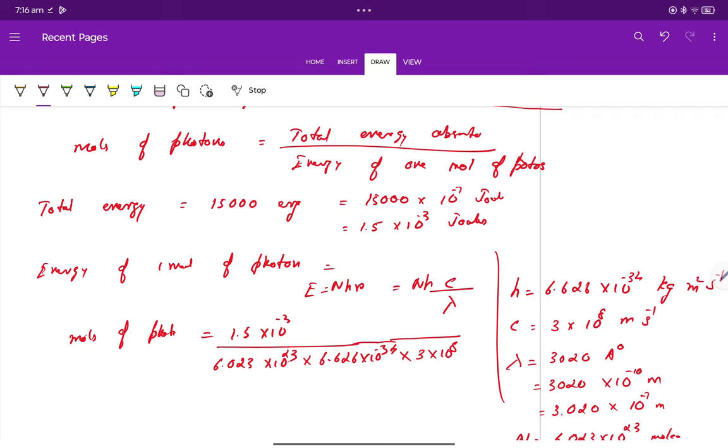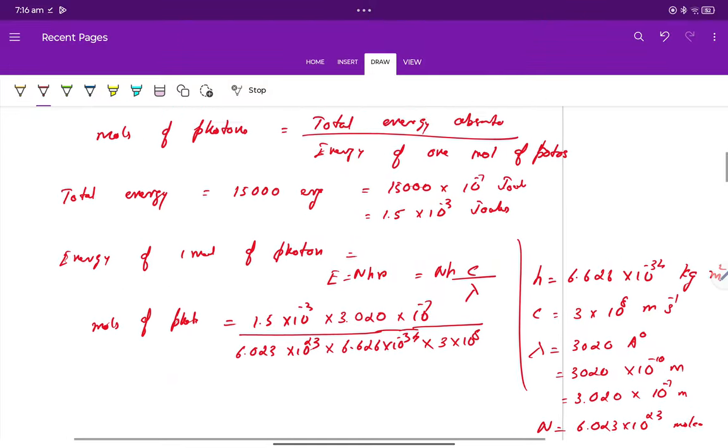Lambda goes up, so lambda is 3.020 into 10 to the power of minus 7 meters.